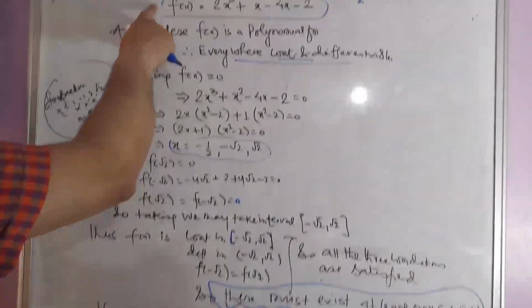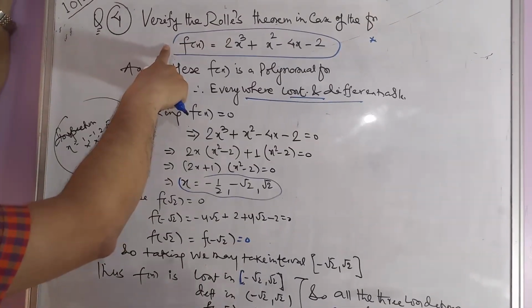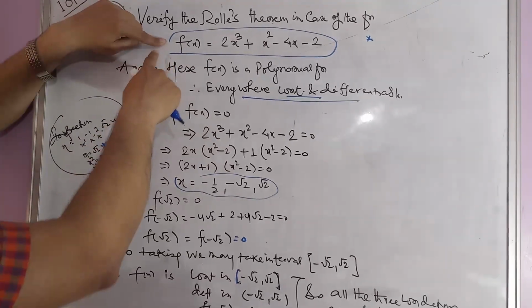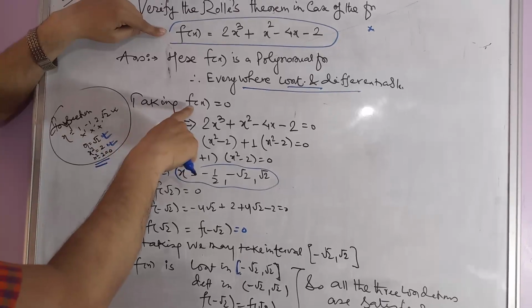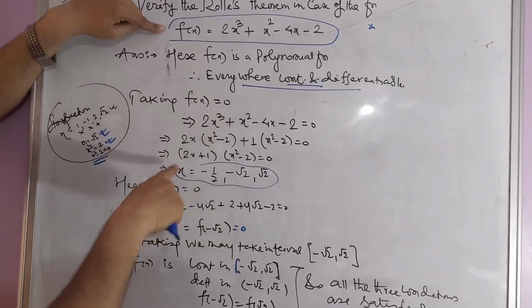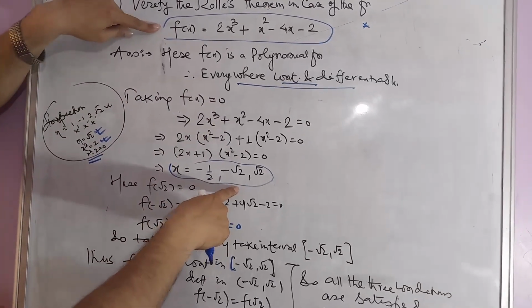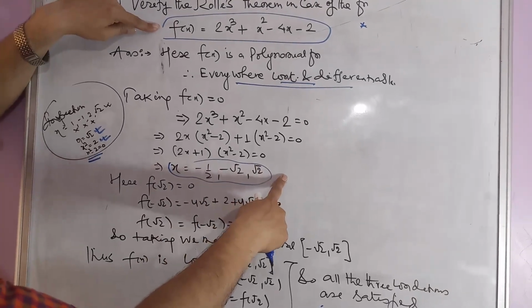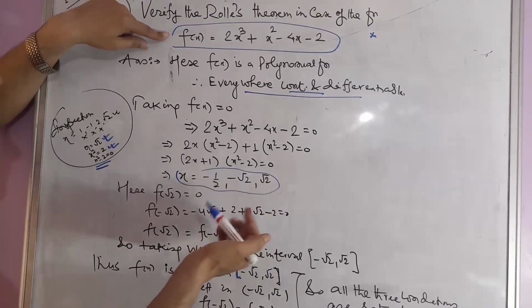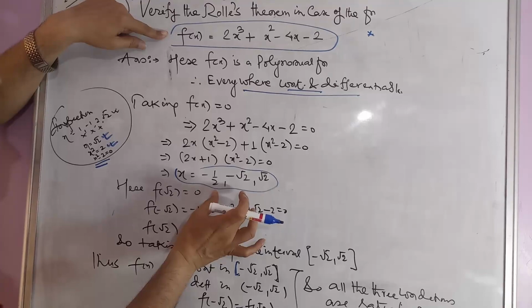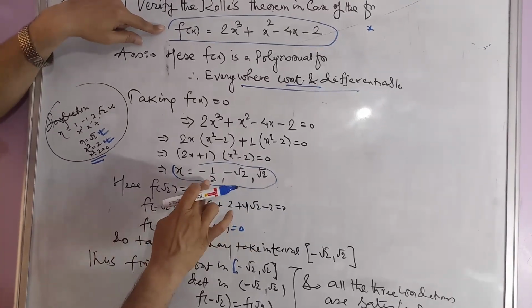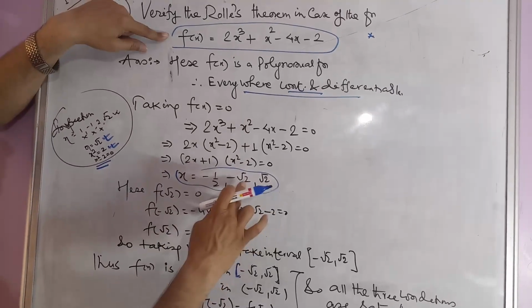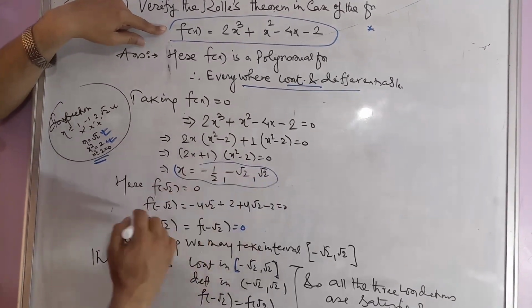So, if the interval is not given in the question, the first thing for the interval, we find f dash x equal to 0, and the values of x are found in such a way. Here different possibilities: minus root 2 to minus half, minus half to root 2, minus root 2 to root 2.